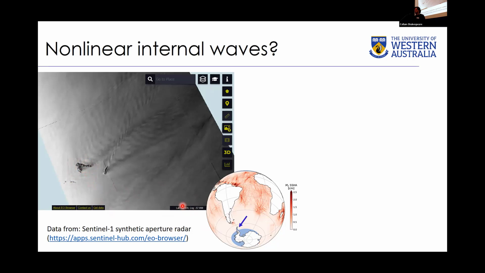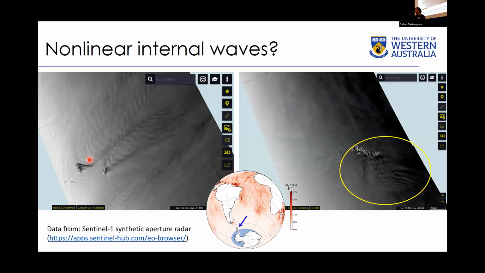And so we're at 60 south or 59 south. And you get these, what I think are lee waves. So I guess the flow is going this way. And you get these wakes occurring where the wavelengths here are about 5 kilometers. So I think they're too long to be any sort of surface wave signature, but I could be wrong.